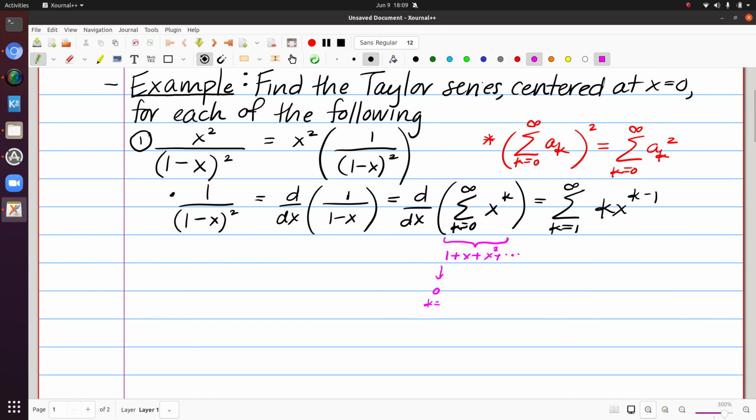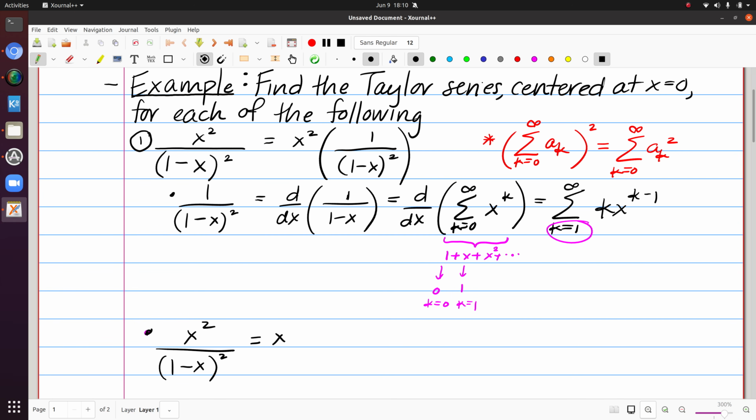So the k equals 0 term here vanishes, and that means that we now start with the new first non-zero term, which was the k equals 1 term, and that's why we now change this to start at 1. So what I've ended up at the end here is a series representation of 1 over the quantity of 1 minus x squared.